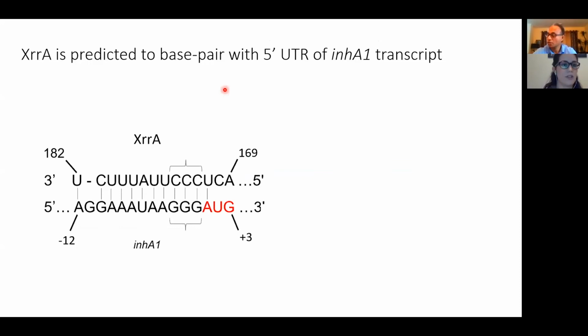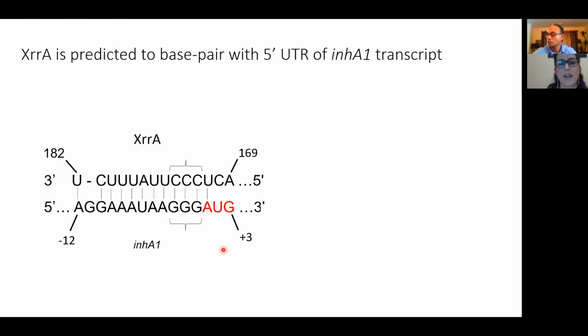Like I mentioned, through my RNA-seq experiment, I found that SIR-A potentially represses expression of INHA1. And through in silico modeling, I found that SIR-A is actually predicted to base pair with INHA1 at the 5' UTR of the transcript. So if this is the INHA1 transcript sequence, and this is the start codon, or the translational start signal, and this is the 5' UTR, we see that there's this region of about 12 nucleotides that is predicted to base pair.